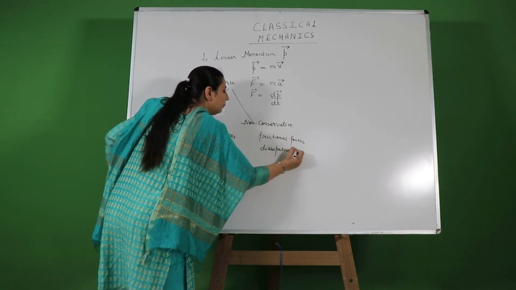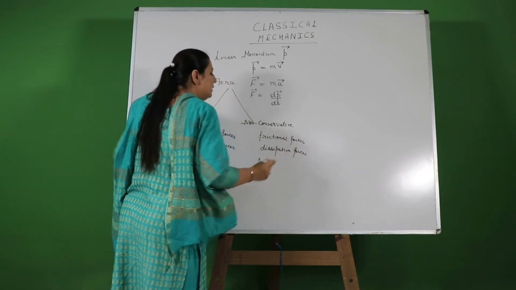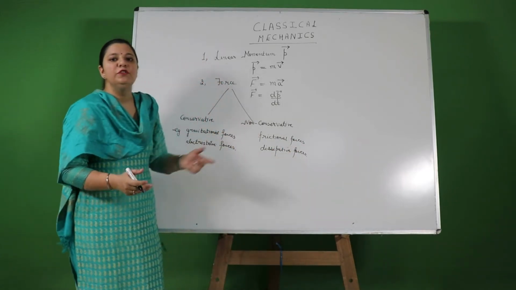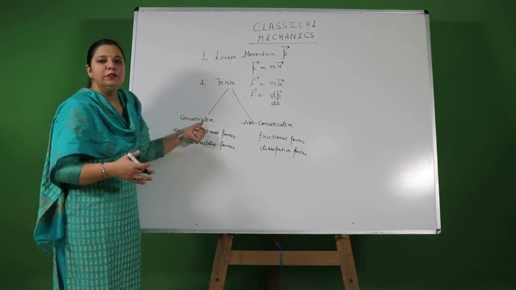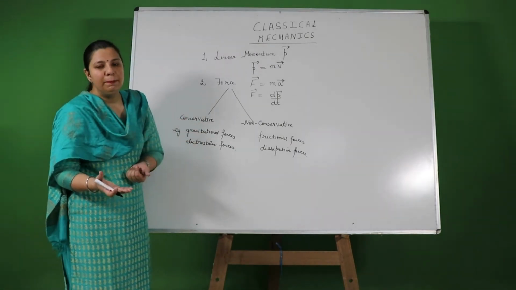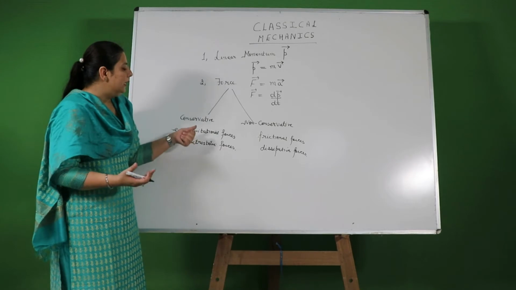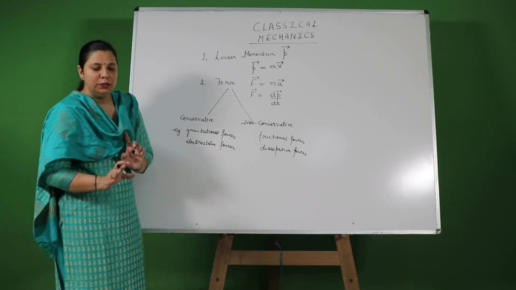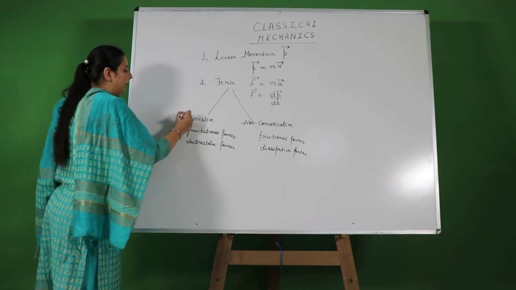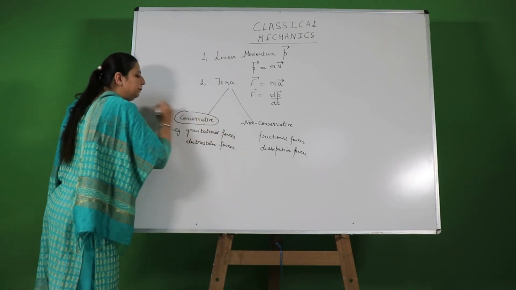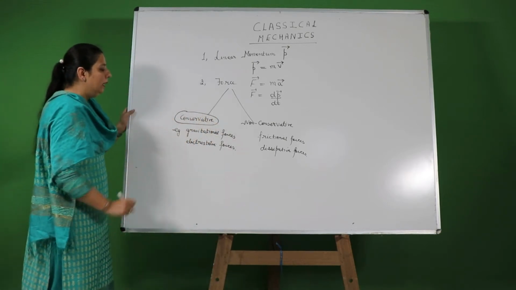So, non-conservative forces are those for which work done depends upon the path. Conservative forces are those for which work done is independent of the path and depends only upon the initial and the final position. For most of the time in classical mechanics, we will be dealing with the conservative forces. So let's study more about them.